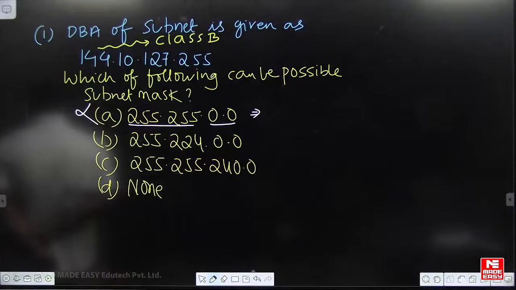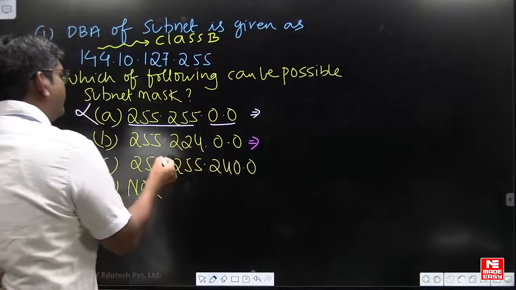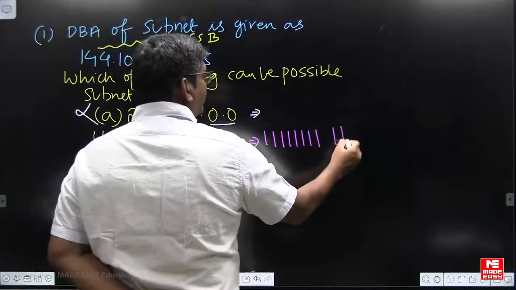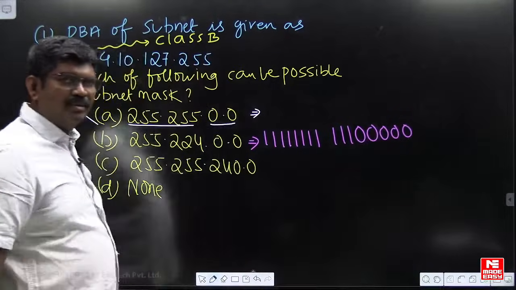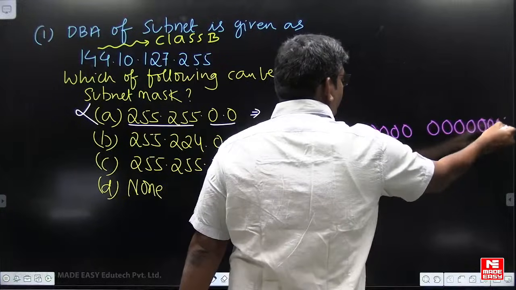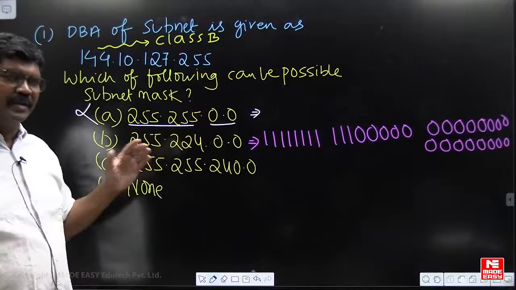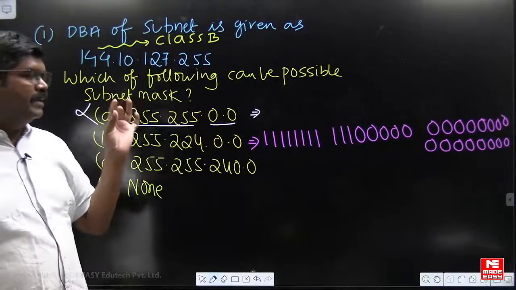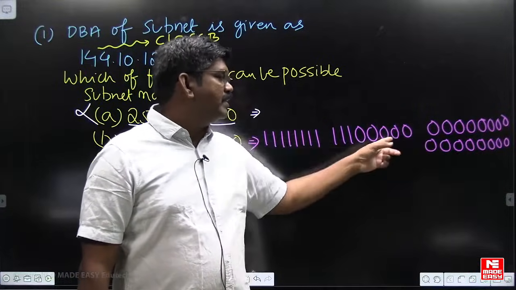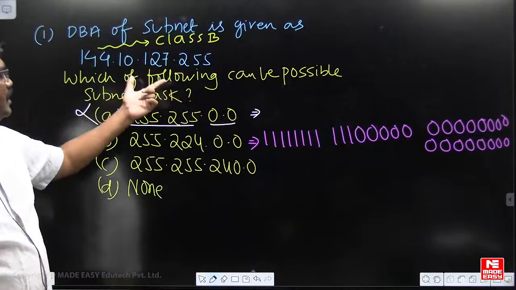Piyush, correct. Sagar, correct. Shriram, good, very good. Now see option B. After converting to binary, 255 we can write as 8 ones, or 224 as 3 ones and 5 zeros. You can make it; it is a heuristic approach. I used to explain this concept in the classroom. Remaining here you can see there are 8 zeros, and then followed by 8 zeros. So for option B, for it to be a DBA, the host bits should be continuously ones. Here 5, 8, 8 means 8 + 8 + 5 = 21 continuous ones were needed. But if you observe, you don't have 21 ones.